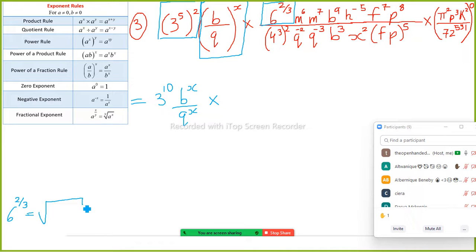Sierra, what could we do? That would be the 3 outside, the cube root, and then it'll be 6 to the power of 2. Excellent. So that's the cube root of 6 squared.